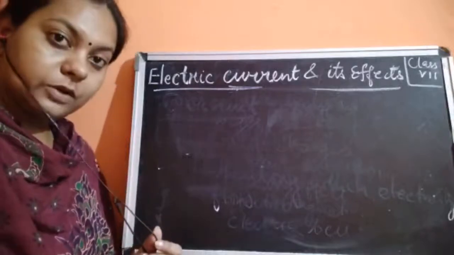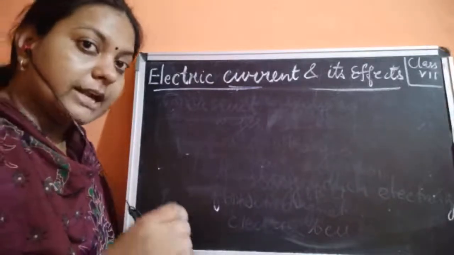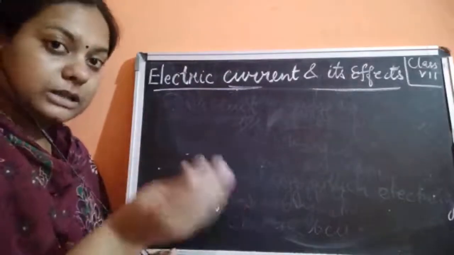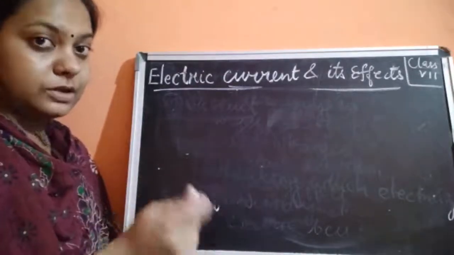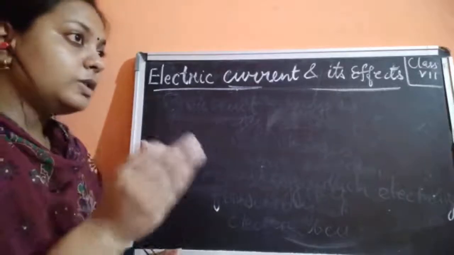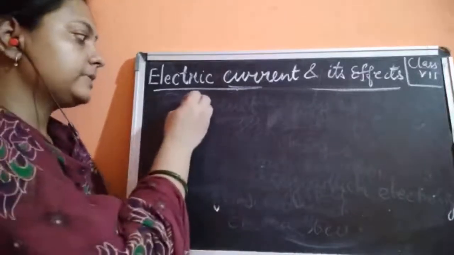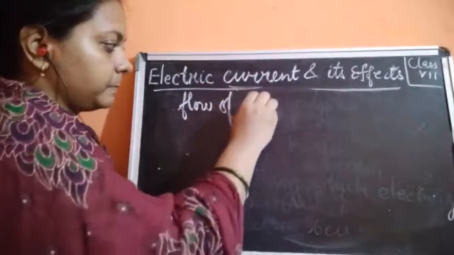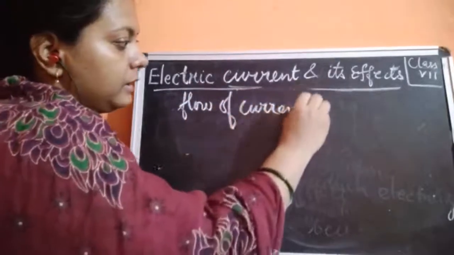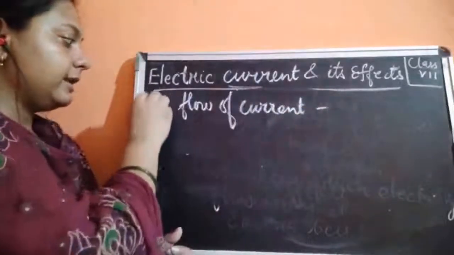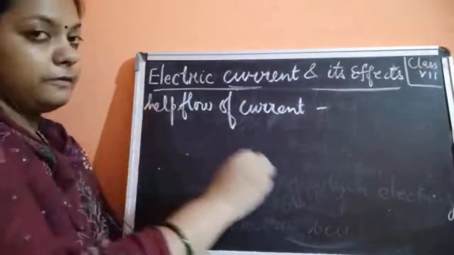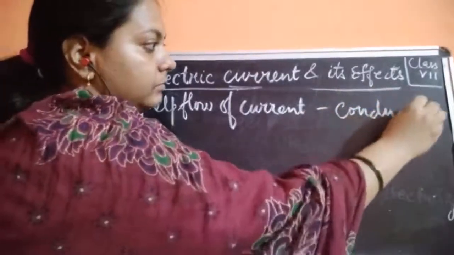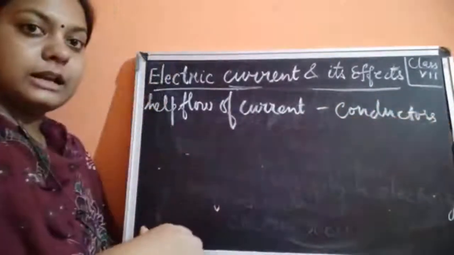Electricity always flows in materials which are conductors of electricity. All the metals are good conductors of electricity. Even water is also a good conductor of electricity. All those substances which help in the flow of current are known as conductors.